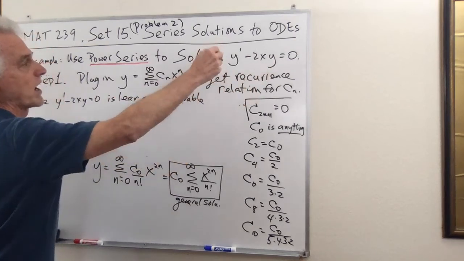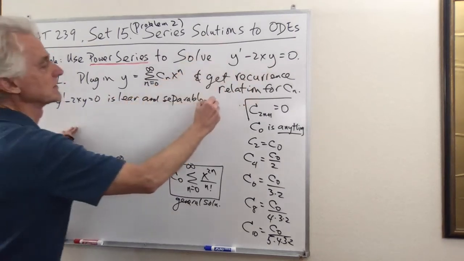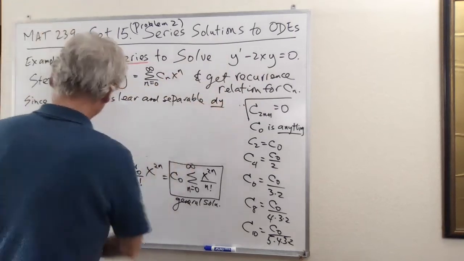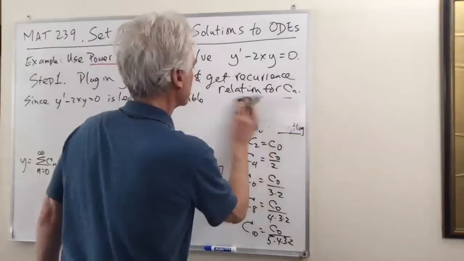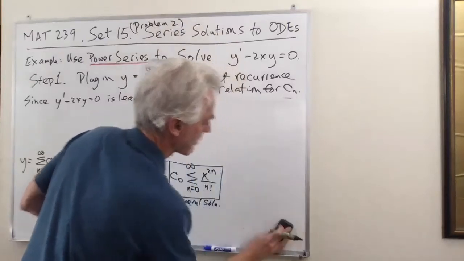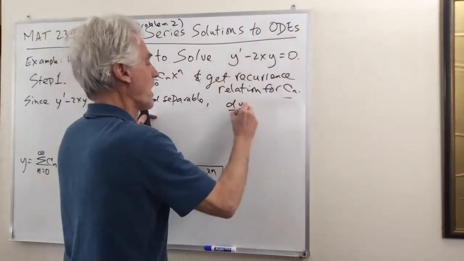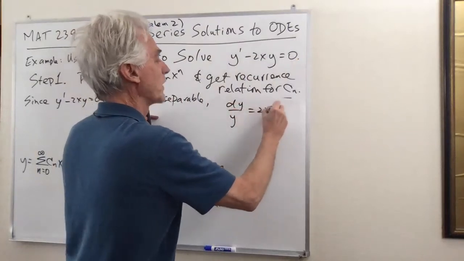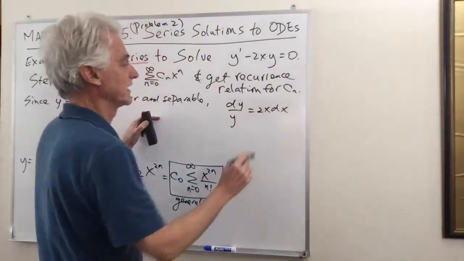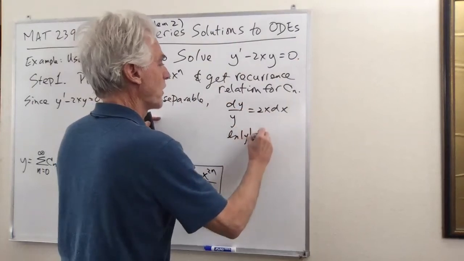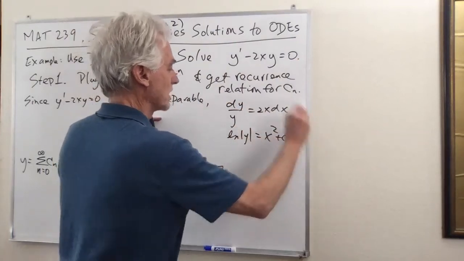I can write dy over y is 2x dx, and I integrate: natural log of the absolute value of y is x squared plus a constant.